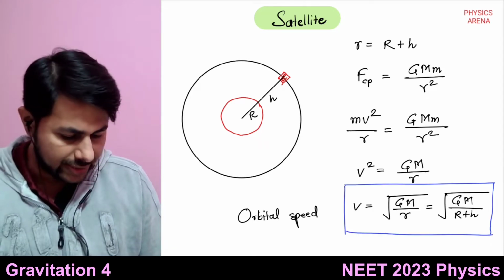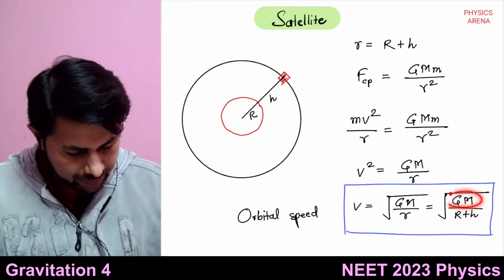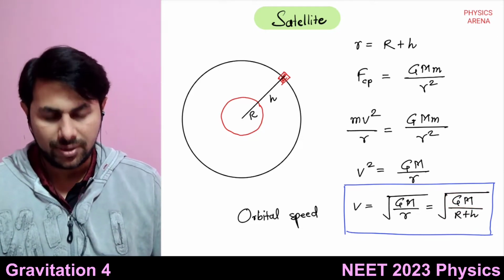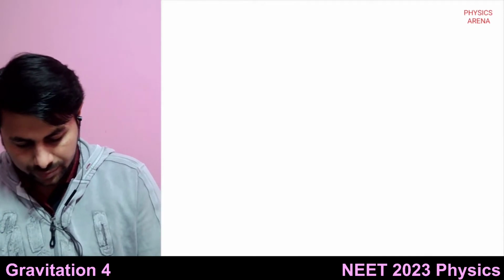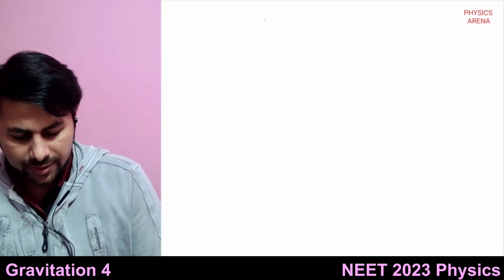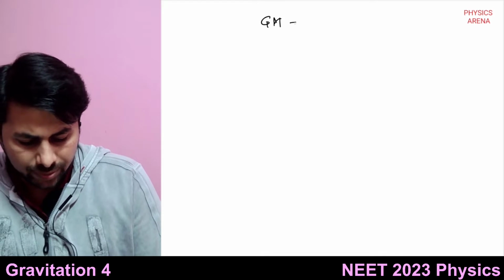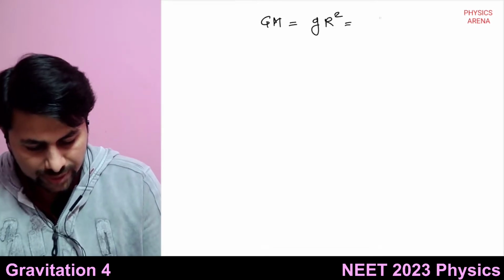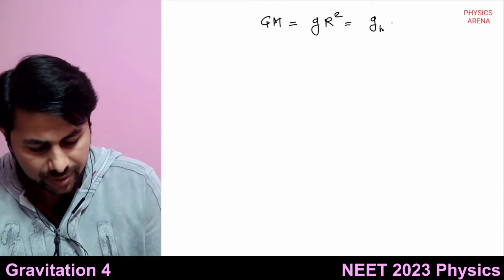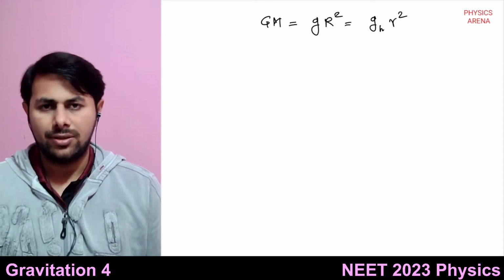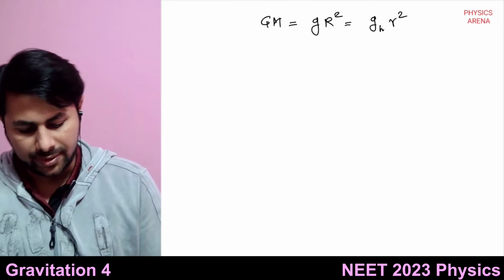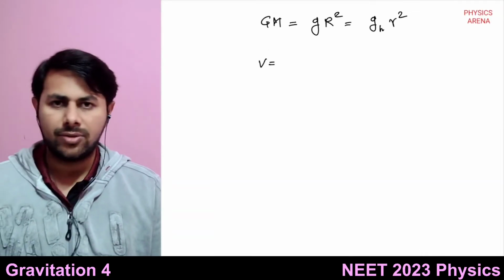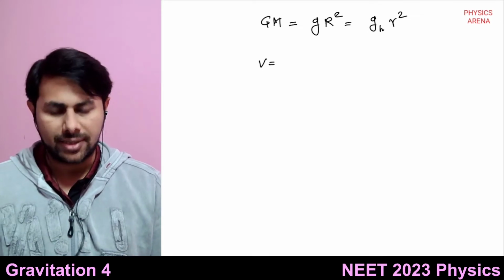After that, we can substitute in place of this GM, gh multiplied by R plus h square. We know that GM is equal to g R square, or it is equal to gh multiplied by small r square. So if we substitute that, what do we get? We get another formula for the speed of the satellite.